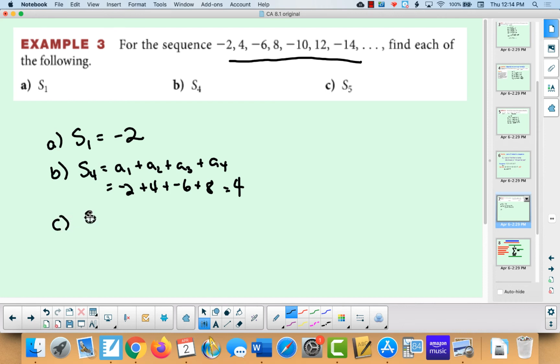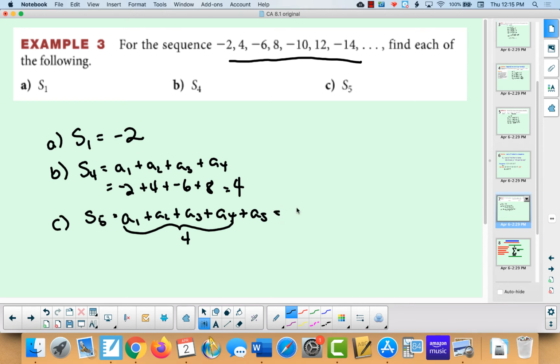S sub 5 means adding A sub 1 plus A sub 2 plus A sub 3 plus A sub 4 plus A sub 5. Well, we just figured out that this is 4, so we don't have to add that again.